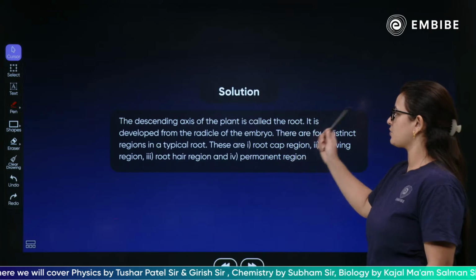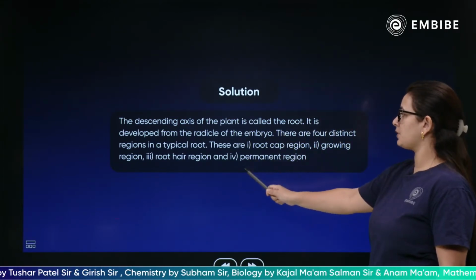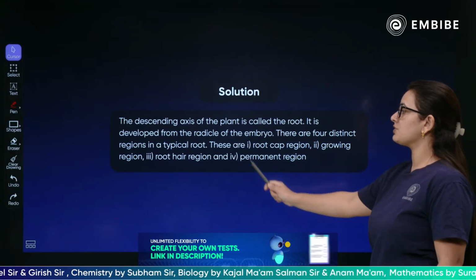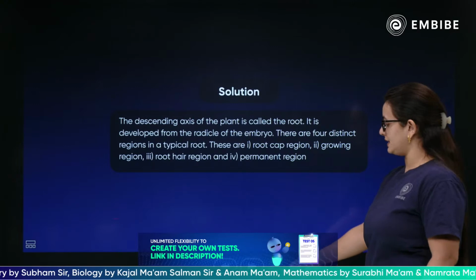The descending axis is called the root, developing from the radicle of the embryo. They are the root cap region, growing region, root hair region and the permanent region. All these 4 regions we have already discussed.